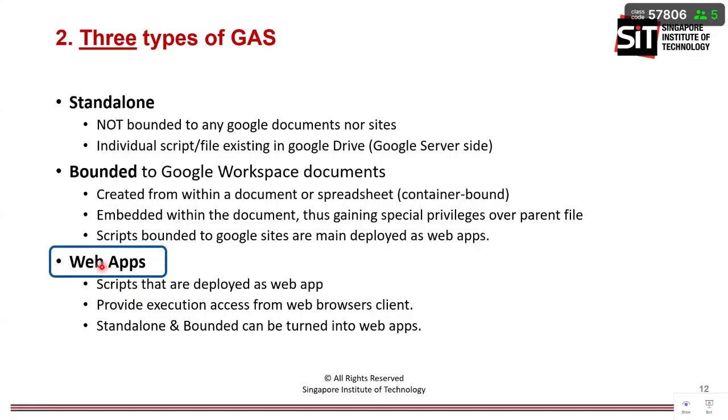This is the type of GAS that I want you to develop and deploy so that any client on the internet can trigger and execute your web app. That's the part where I'm trying to give you a full picture of how you can come up with an IoT application, in this case developing your own web app. With that web app, you can then do automation to store data into sheets or to retrieve data from your sheets.